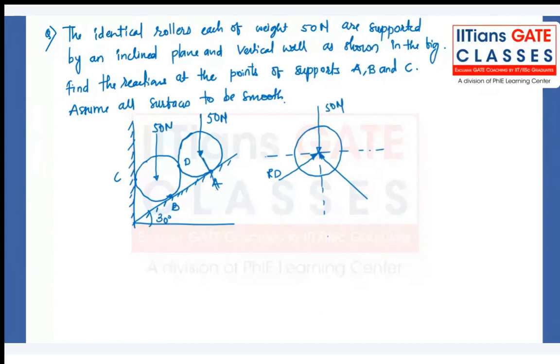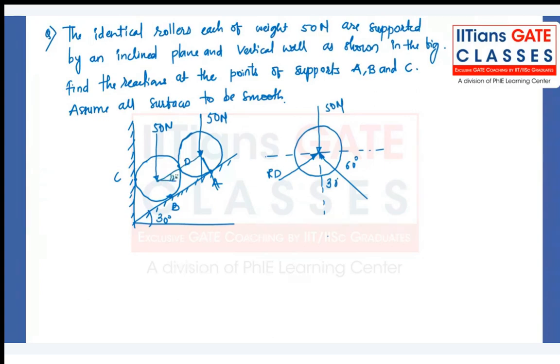If the angle between two lines is 30 degrees, then the angle between their perpendiculars also has to be 30 degrees. So considering that this angle is 30 degrees, this has to be 60 degrees. Similarly, these two lines should also create a 30-degree angle with the horizontal.